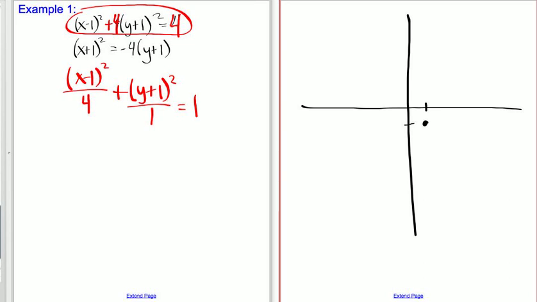It's got a horizontal axis of 2 because 4 is equal to 2 squared. So we're going to go over 2 and plot a point, and back 2 and plot a point. That's my major axis. And then we'll do the same thing for the vertical axis, but in this case it's only 1, so it's going to be up 1 and down 1. So here's my ellipse.